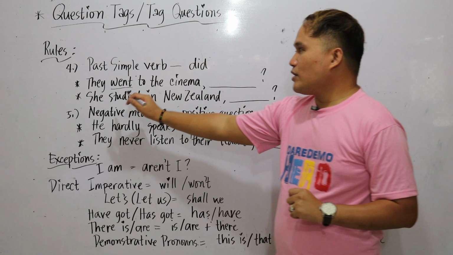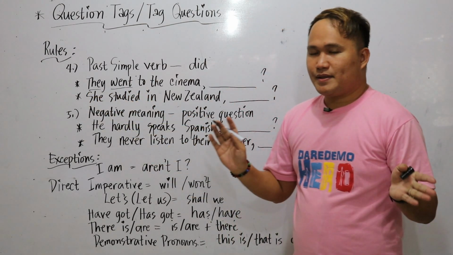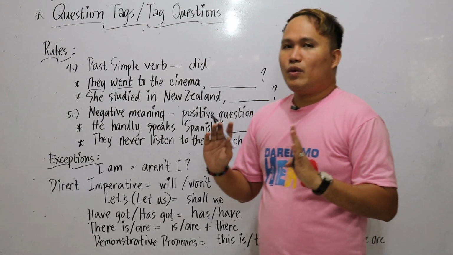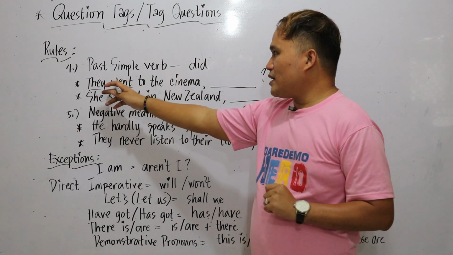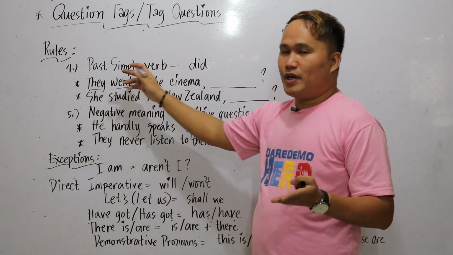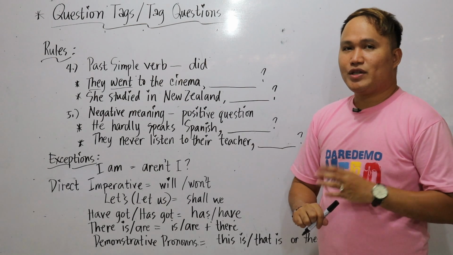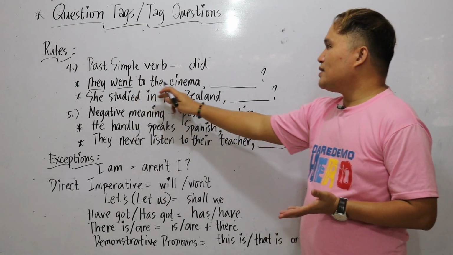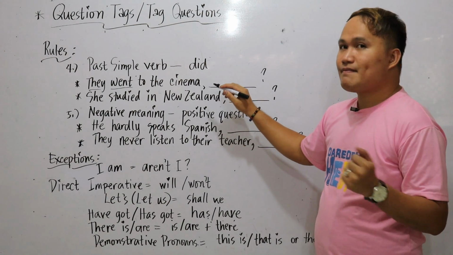Our subject is plural, but regardless, our subject may be plural or singular, so long as you're using the past simple form of the verb, it should be paired with did in using question tags. For example, they went to the cinema. What should be our question tag?